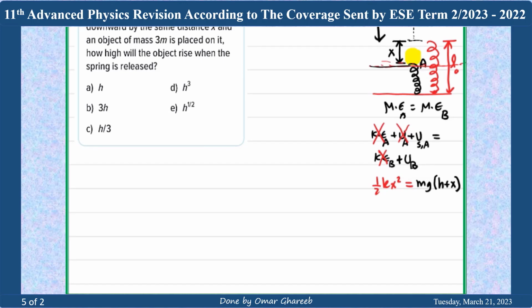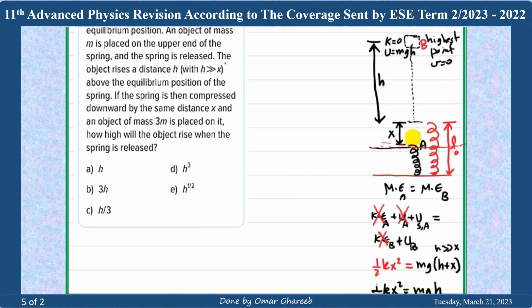But we can ignore x with respect to h, because the question tells us that h is much larger than x. Here we have 1/2 kx squared equals mgh. I will name it as h1, which is the first situation.